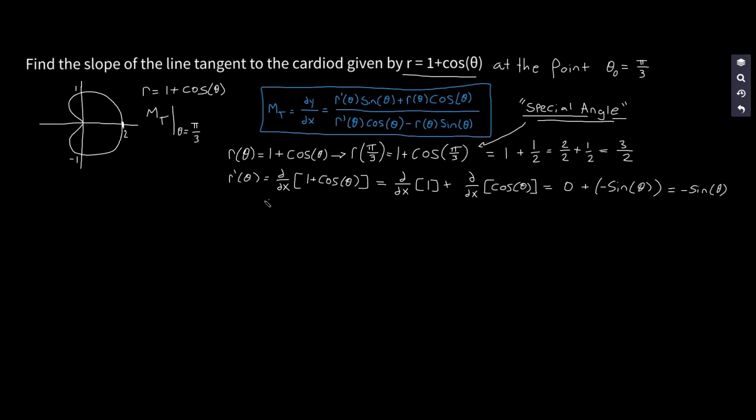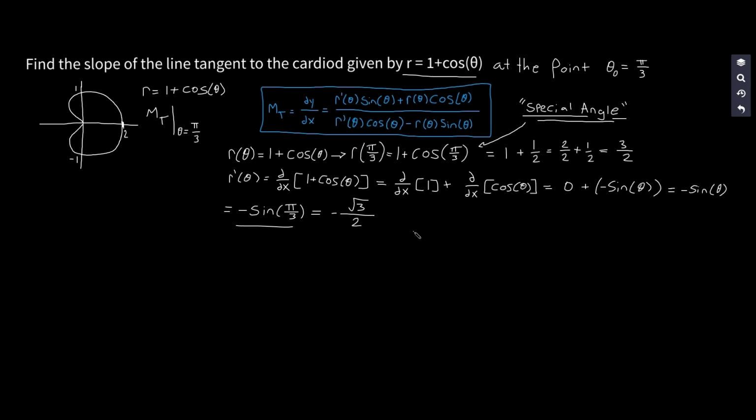But then remember, we know what theta is, so we'll write negative sine of pi over 3. This is another special angle. Sine of pi over 3 is root 3 over 2, but there's a negative in front of it, so it's going to be negative root 3 over 2.